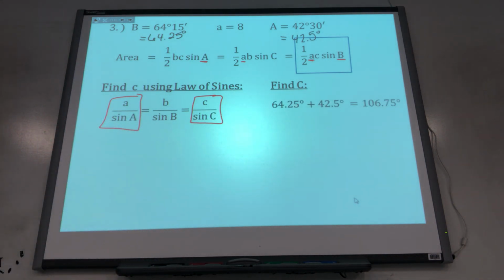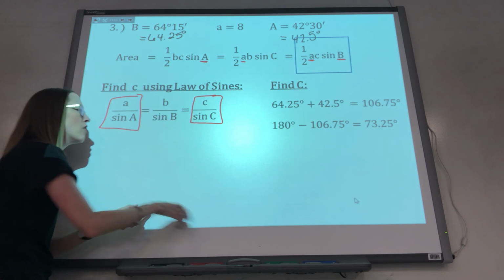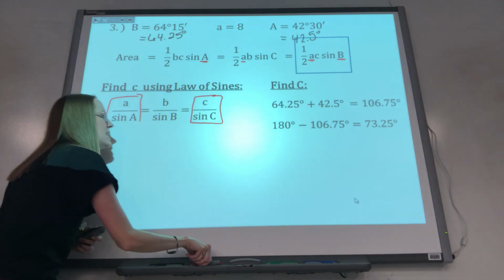You should get 106.75. Subtract that from 180, and that tells me that angle C is 73.25 degrees.